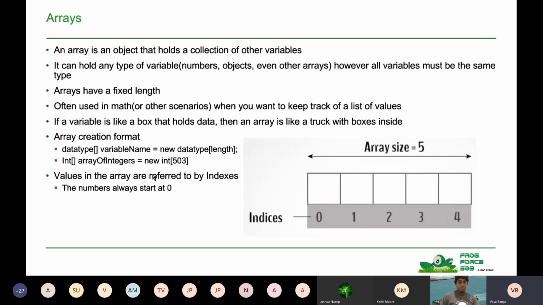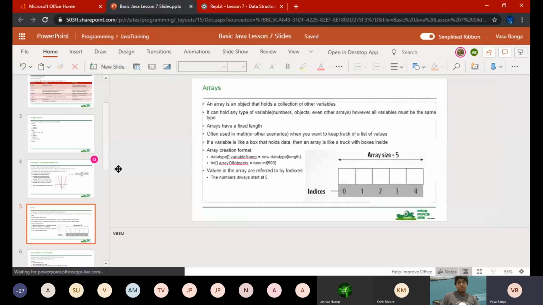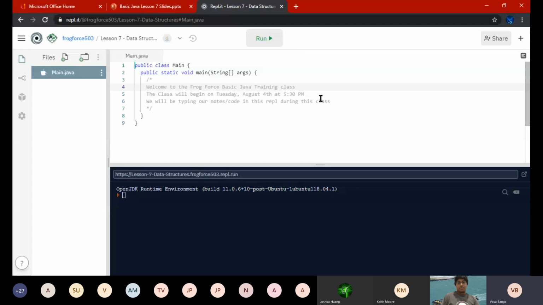Another important thing to remember about arrays is that it always starts at 0. So the first number will always be called by 0, and we'll see more about the array methods and properties in just a second.